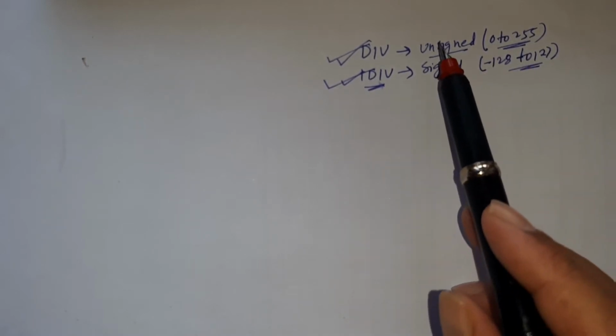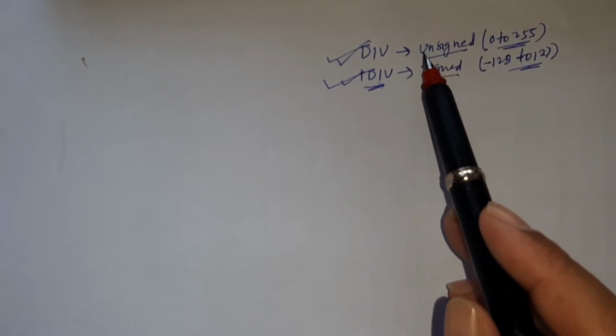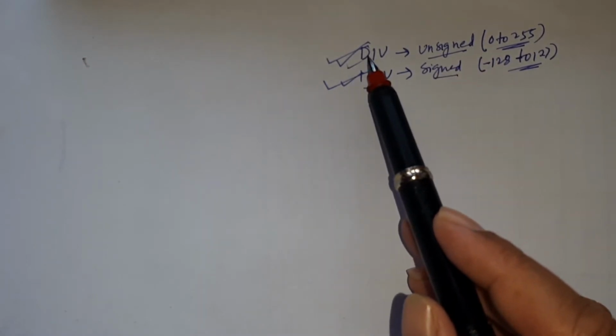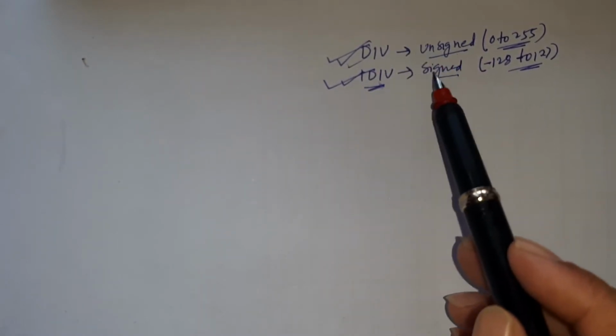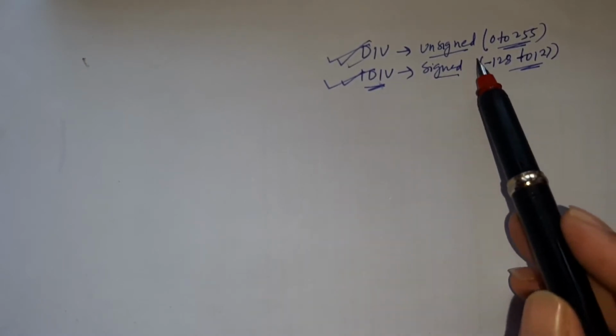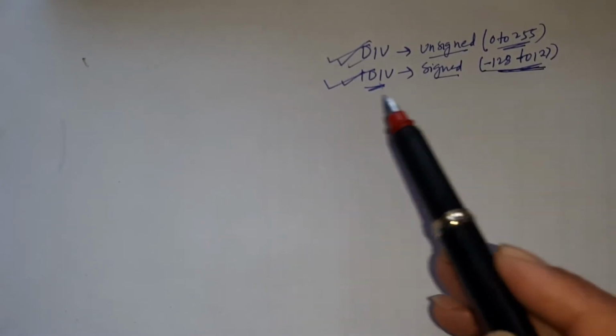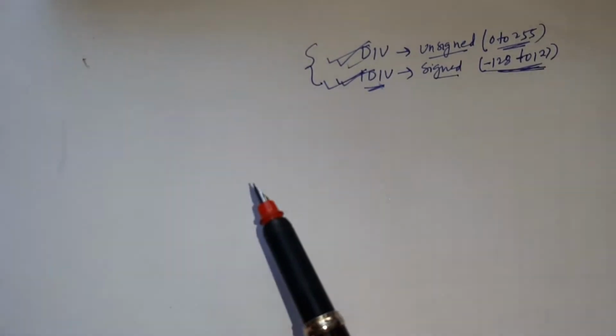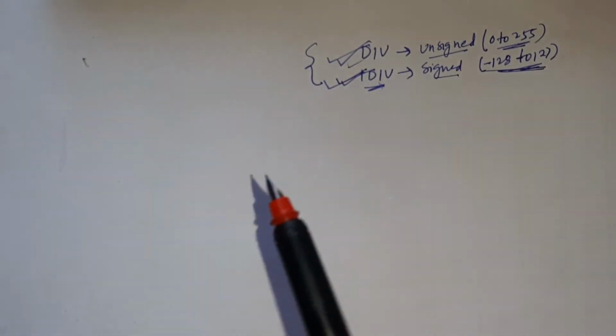If you want to perform division on unsigned numbers, we use DIV, and if we perform division on signed numbers, we use IDIV. Only this is the difference. Now, how do these instructions work?